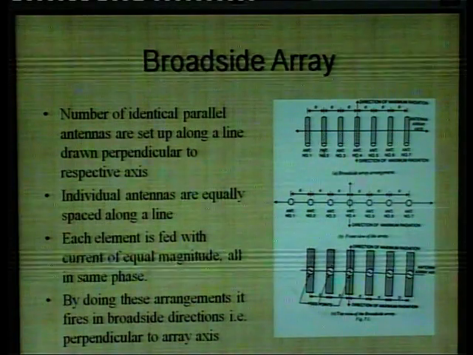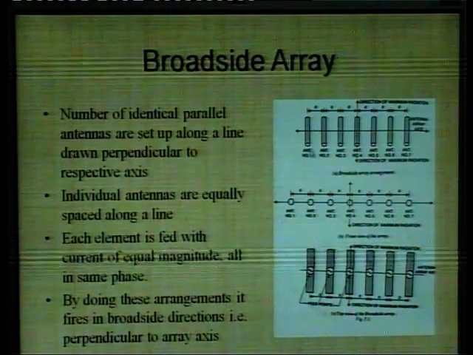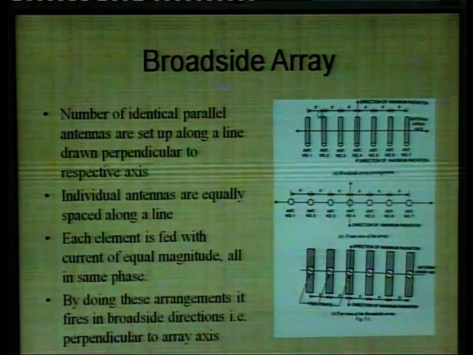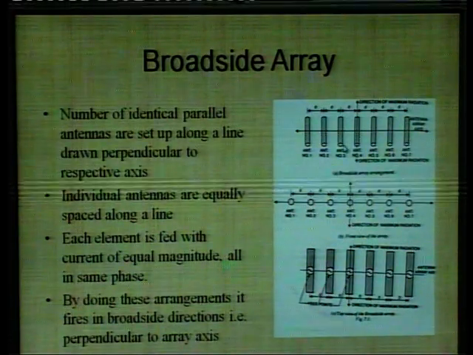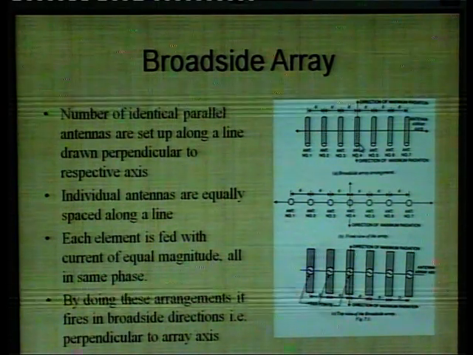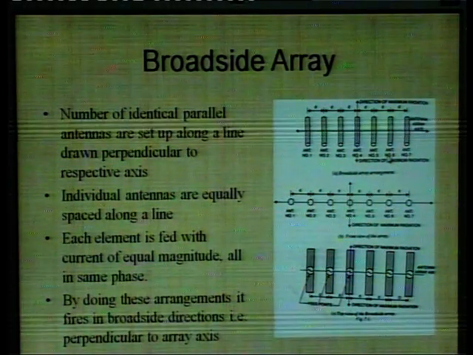Individual elements, the spacing between the elements, is kept the same. So antenna number 1 and 2, the spacing is D, antenna number 2 and 3, the spacing is D, antenna number 3 and 4, the spacing is D.